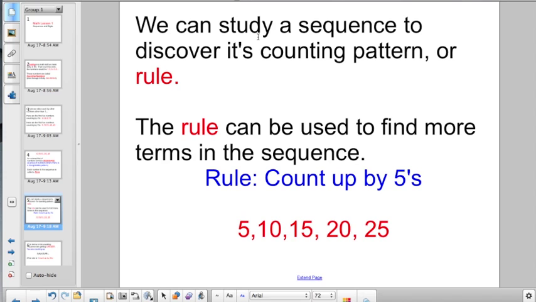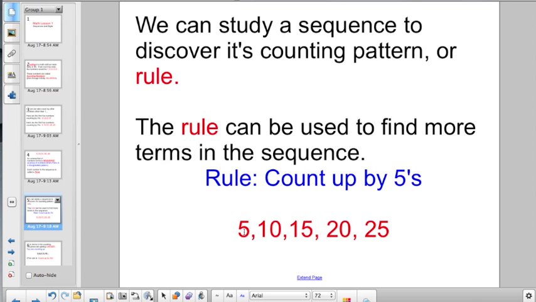So we can study a sequence to discover its counting pattern, or what the book is going to call the rule. And the rule can be used to find more terms in the sequence.